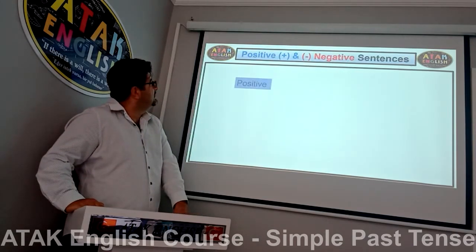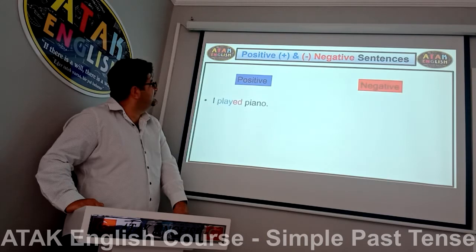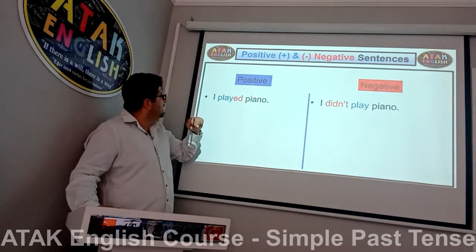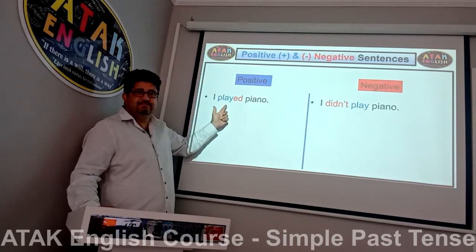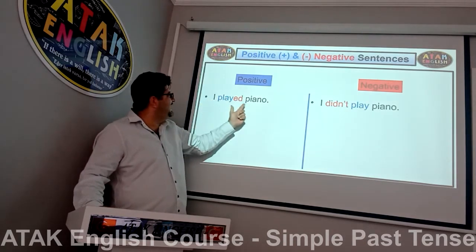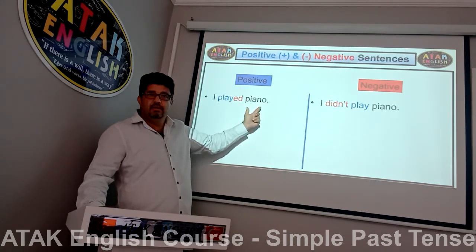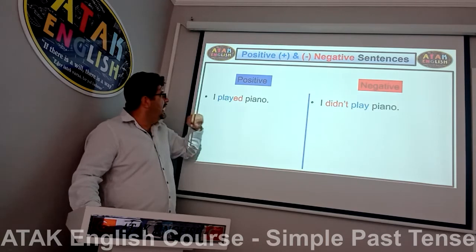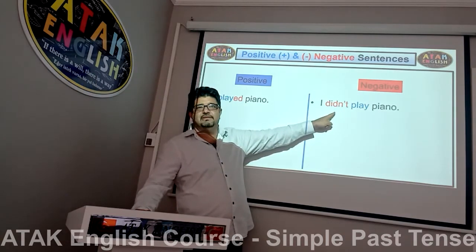Okay, this time let's see positive and negative forms together. Why? Because in a positive sentence in simple past, I say, for example, I played piano. But if I am to make it negative, what am I going to do? I put didn't, the helping word of simple past.